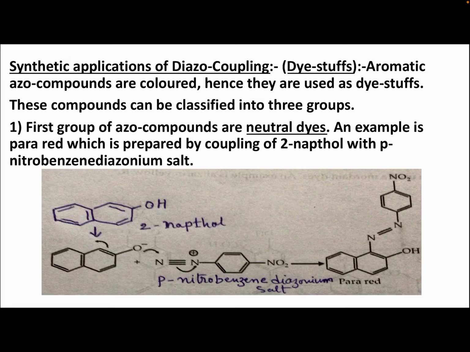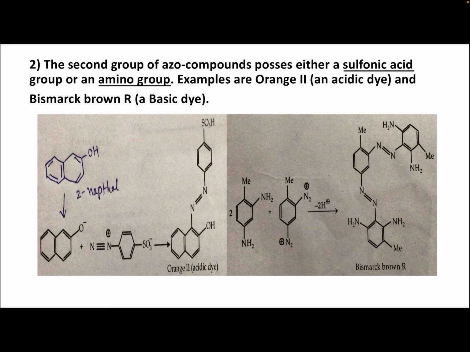So the first group of azo compounds are neutral dyes. An example is para red, which is prepared by coupling of 2-naphthol with para-nitrobenzene diazonium chloride. This is 2-naphthol, which reacts with para-nitrobenzene diazonium salt, and the para red compound is formed. The second group of azo compounds possesses either a sulfonic acid group or an amino group.